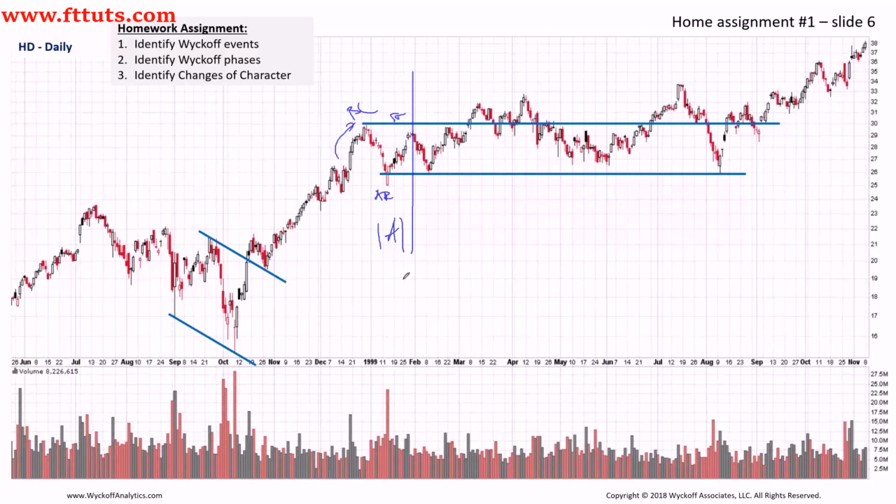Okay. And then phase B, again we are testing the same. There is one upthrust action in phase B that I see, and phase C is in August, after August 9, I guess, somewhere around that.